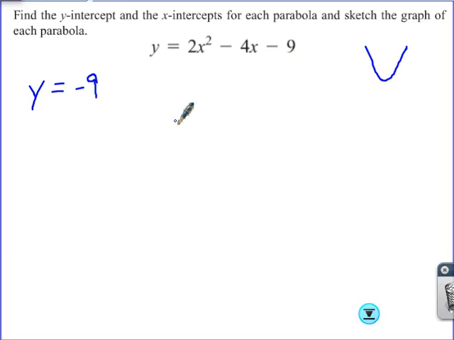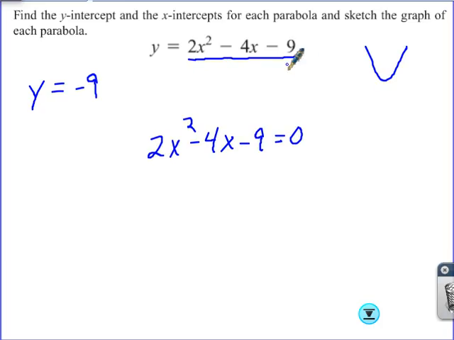To find an x-intercept, plug in 0 for y, so I have 2x squared minus 4x minus 9 equals 0. So please know the connection here. The solution to this quadratic equation is the x-intercepts, and we'll go ahead and throw some terminology in here.